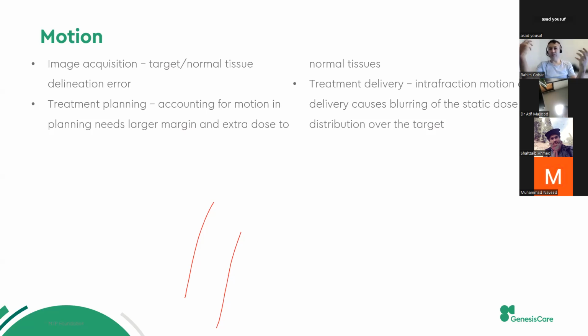You will be looking at very nice isodose lines in your system, but in reality it's not going to happen on the real patient, because you are doing your QA either with film, which is static, or MapCHECK, static. You may pass your results, but in reality it's not going to happen.